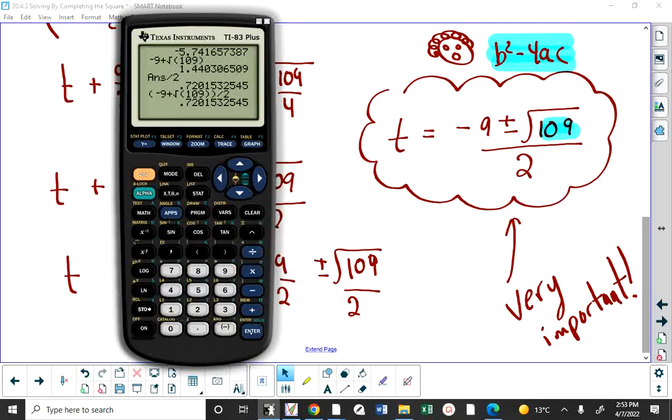Okay? But there's one of my answers. If you wanted to know it in decimal form, there's the approximate value. If I wanted to know the other one, I would repeat the process, but I would use minus.